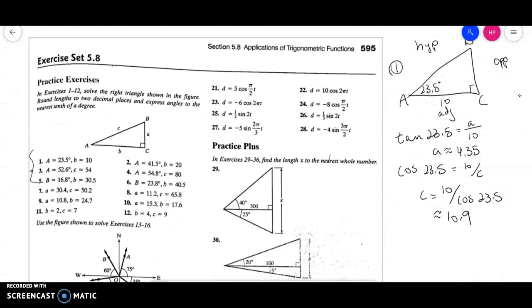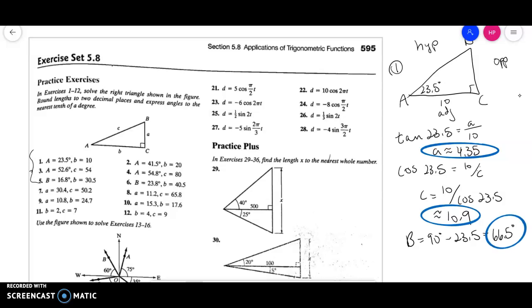So the measure of angle B, capital B, I really can just take 90 minus the 23.5 and end up with 66.5 degrees for that angle. So 3 answers here to complete my triangle. I was missing one side, my hypotenuse, and then I was missing one of my angles there.